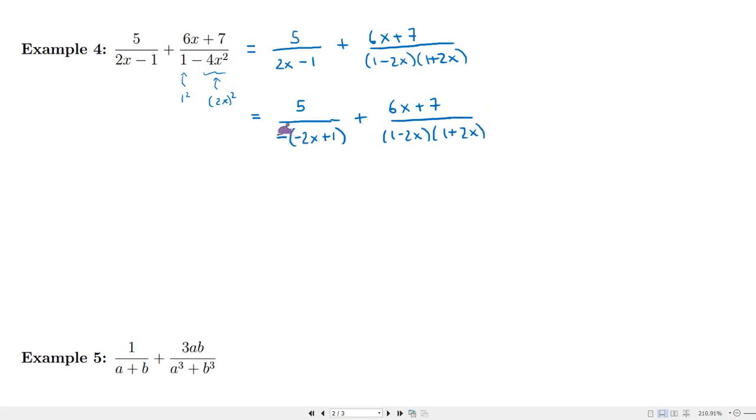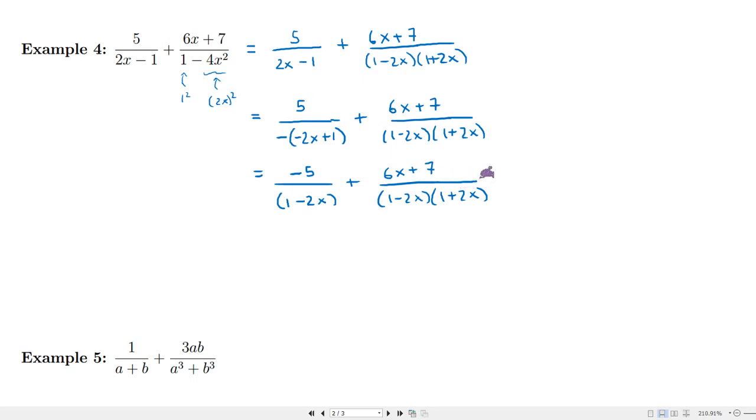And we could move this negative up here, but this is actually 1 minus 2x. So I could put the negative up top, or you could leave it there if you want and then try to add the negative over here, but I'm just going to make it less confusing. In my opinion, just move the negative up here. That's perfectly fine. And then we have a 1 minus 2x. The only reason I'm doing that is just so we can see that that's the only thing that's missing from over here. Okay? So it's 6x plus 7 over 1 minus 2x, 1 plus 2x.